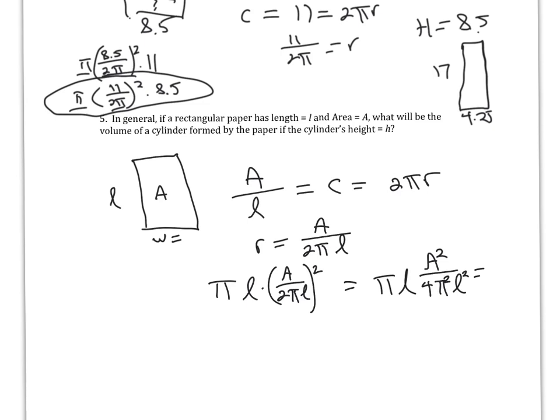When simplified, a pi crosses out and one of the L's crosses out, so we're going to end up with just A squared over 4 pi L.